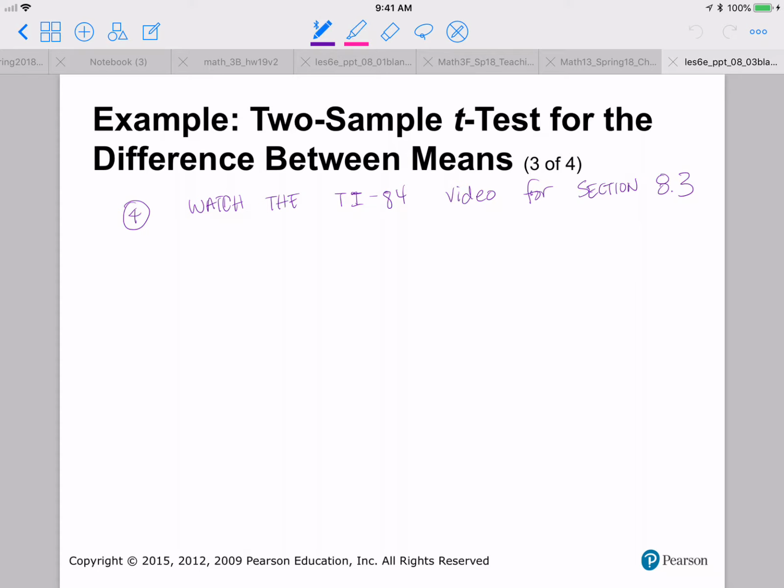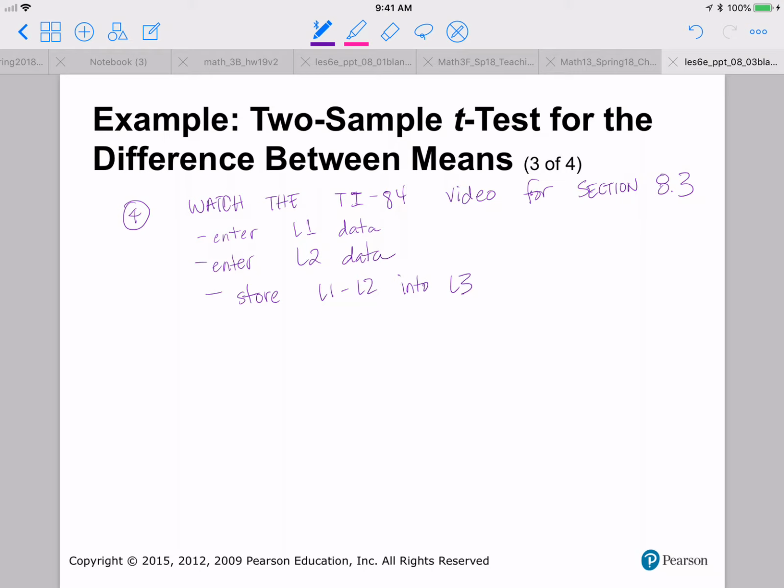So I enter my data into L1, enter L2 data, then I need to store L1 minus L2 into L3, because L3 is what I'm actually going to put into my calculator.